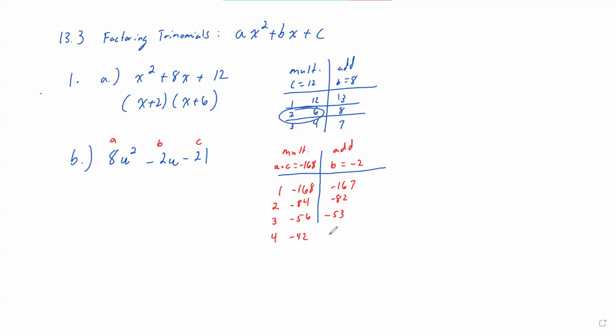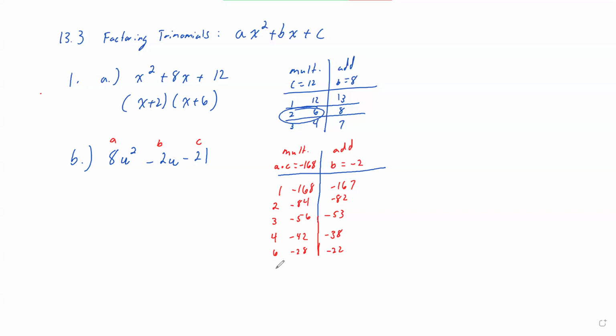So what's 4 minus 42? Good. Does 5 go into 168? If you don't know, try it. It doesn't. Try 6. Does 6 go into 168? It does. So what's 6 minus 28? 22. We're getting closer. It's just taking us a while to get there.